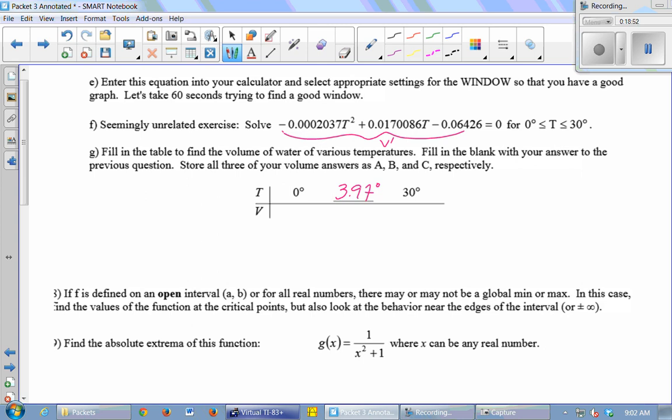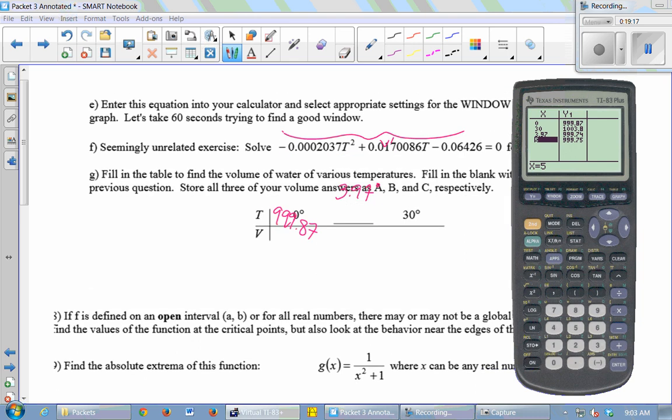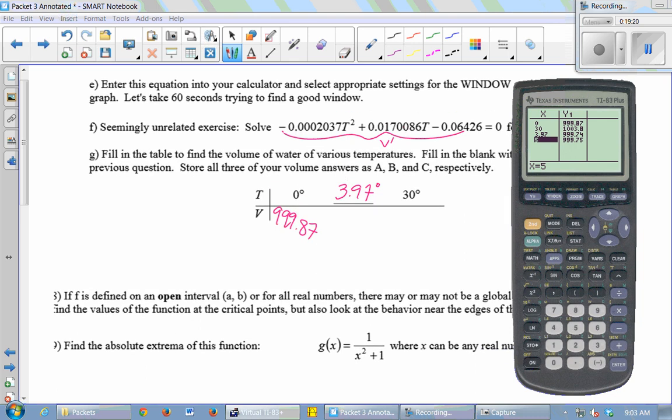All right, so now I'm just going to get a global max and a global min for this function on 0 to 30. So I just have to evaluate the function at each of these values. Go to my table. I've got 0, 30, and 3.97. This is 999.87, this is 1003.8, and 3.97 gives me 999.74.